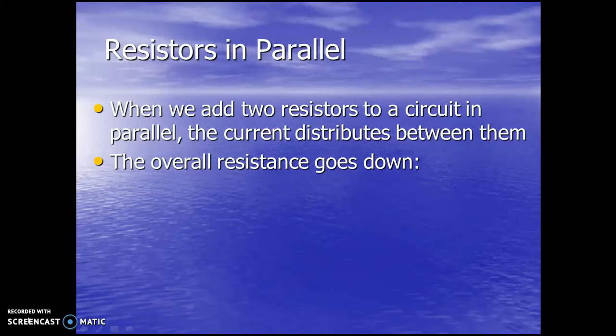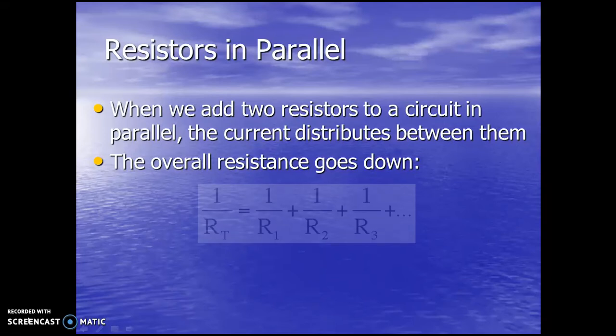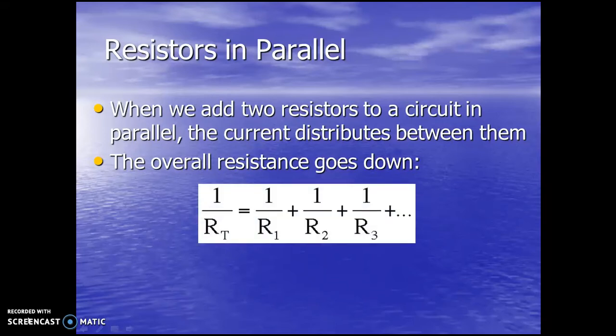But because there's two paths, and each one follows Ohm's law, the overall resistance in our circuit goes down. And this might seem very strange, but we just need to think of it as it's easier to get where we need to go if there are more roads to allow all those cars to travel. So the resistance goes down if we add resistors in parallel.